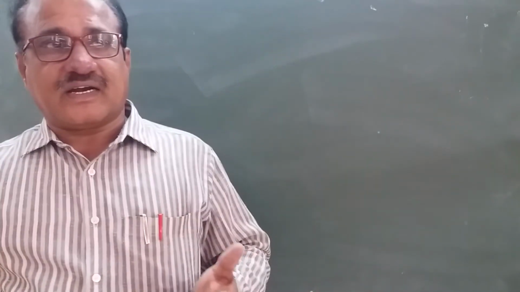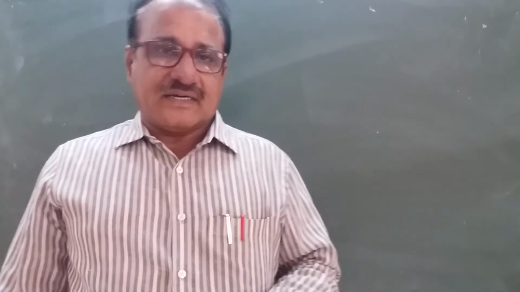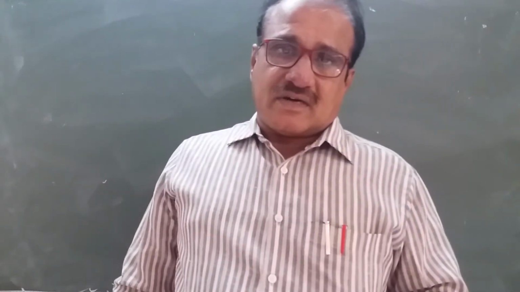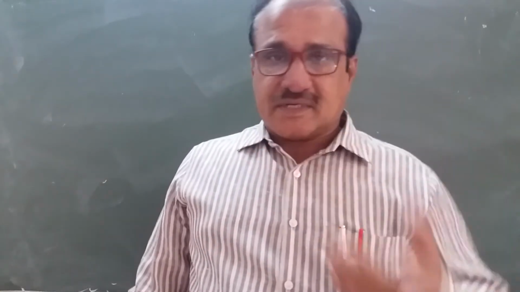If L11 and L22 have the same sign, then A, B lie on the same side, or if L11 and L22 have opposite signs, then A, B lie on each side of the straight line. Okay, next point.